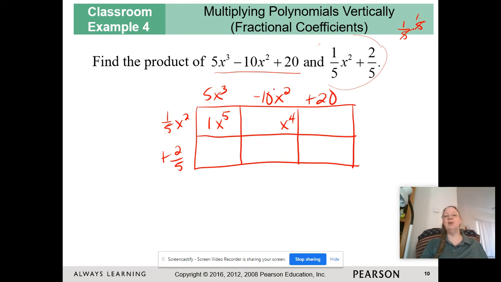So we have 1/5 times a negative 10, right? 1/5 times negative 10. Divide by the bottom, you get -2, multiply the top. And we have 20, divide by the bottom, and multiply the top.